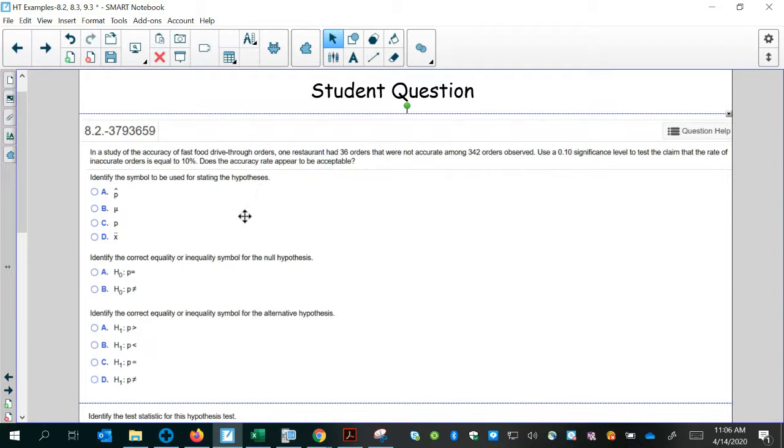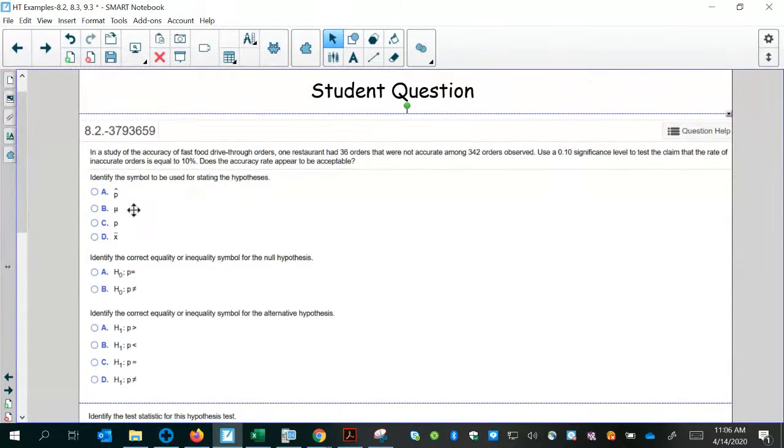All right, so when stating a hypothesis or a claim about a population, you will use the population parameter symbol. There are two types of hypothesis tests that we've been working on, and one is a test about a proportion, and one is a test about a mean.